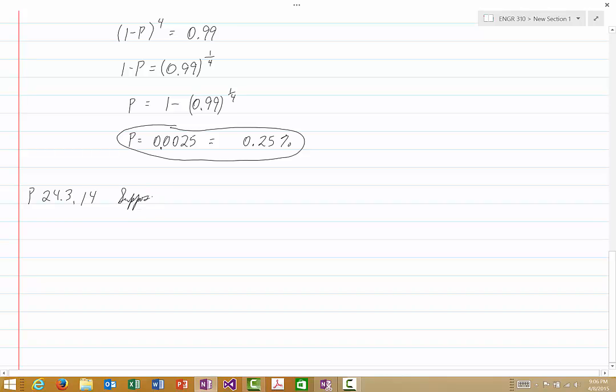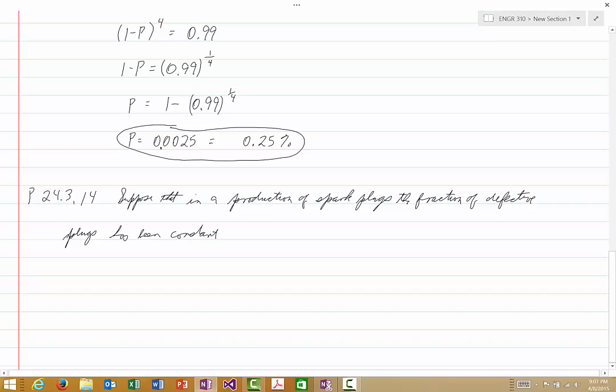Suppose that in a production of spark plugs, the fraction of defective plugs has been constant at 2% over a long time.